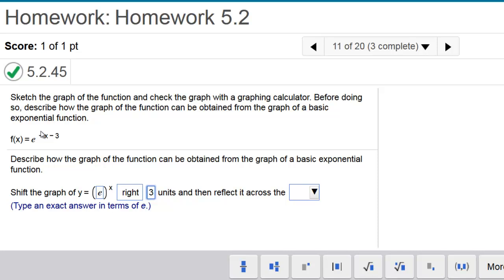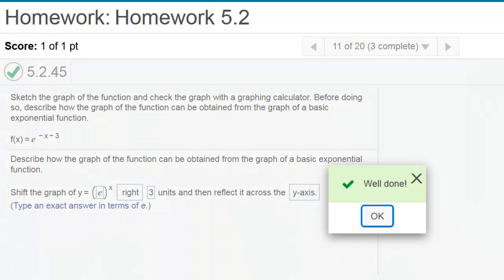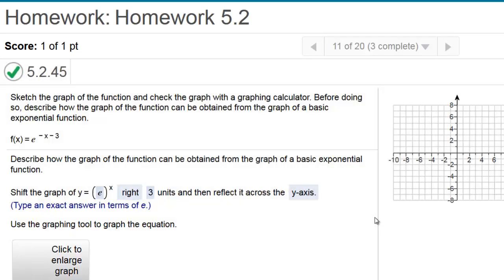Now, when we substitute negative x for x in the expression that results, that's what changes the signs of all the x coordinates and results in a y-axis reflection. So it's going to reflect the graph about the y-axis. Check the answer, and it is good.